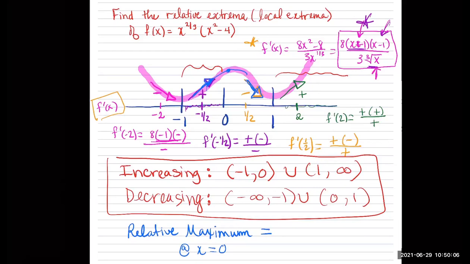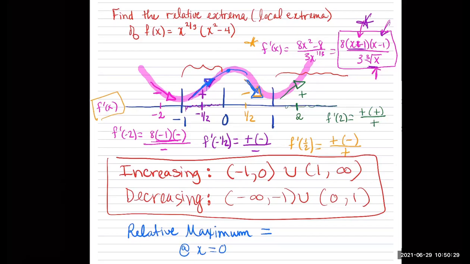How do I find out what that relative maximum actually is? We did that same thing in section 4.1, only in 4.1 we had an absolute maximum. But notice now we're just finding a relative maximum. But that maximum is actually the y coordinate.